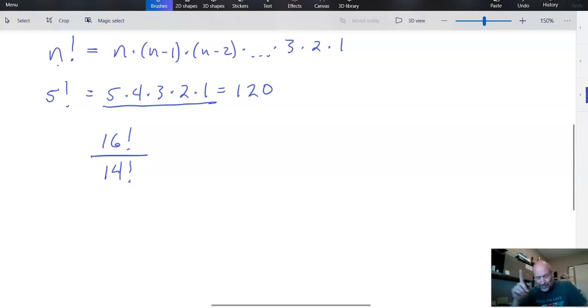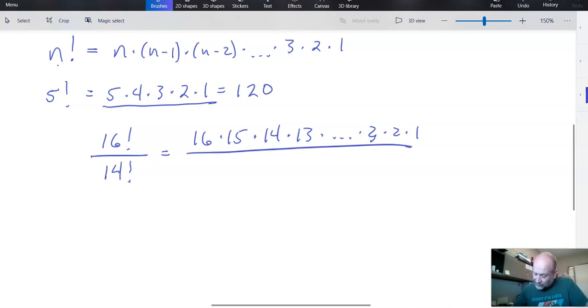But there is a nice little thing you can do, because if I look at what this actually is, this is 16 times 15 times 14 times 13 times ... all the way down to times 3 times 2 times 1.